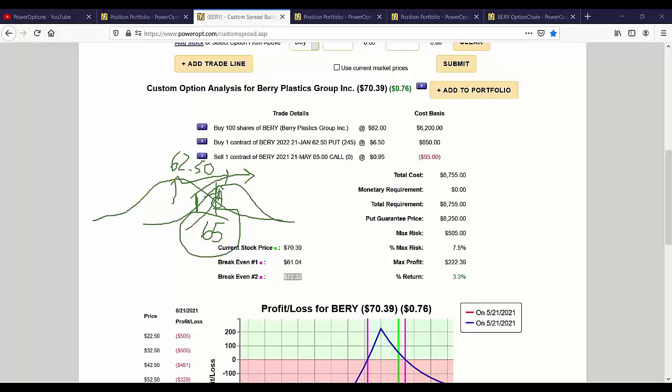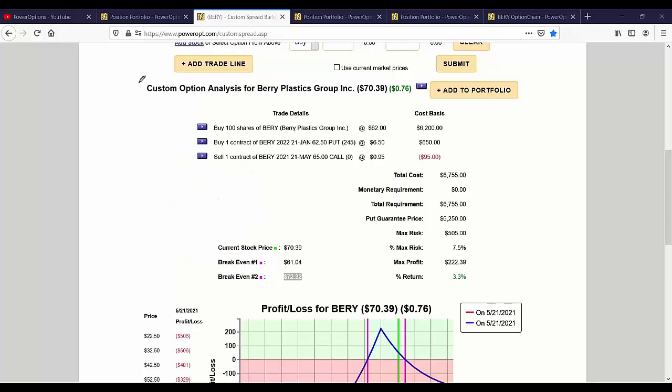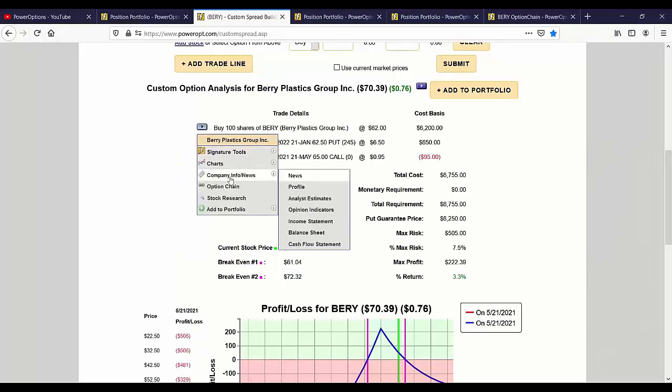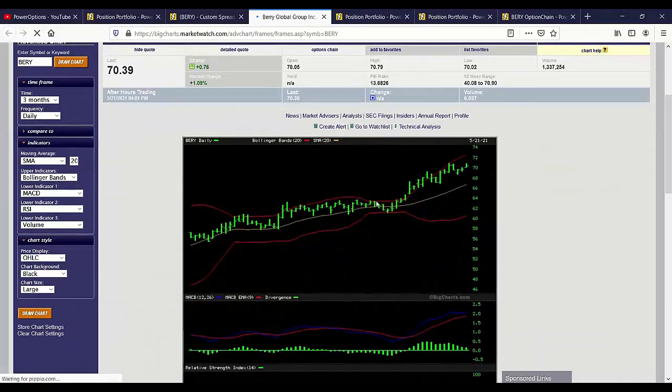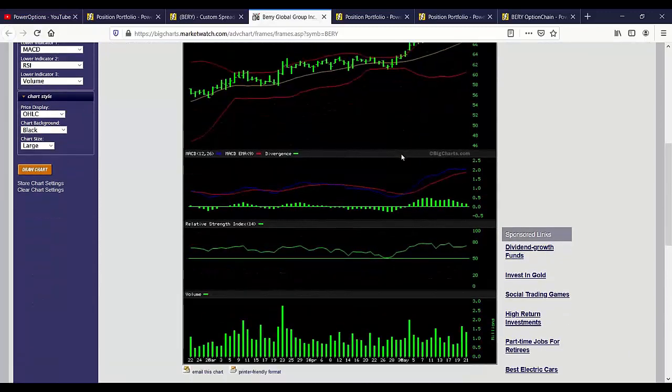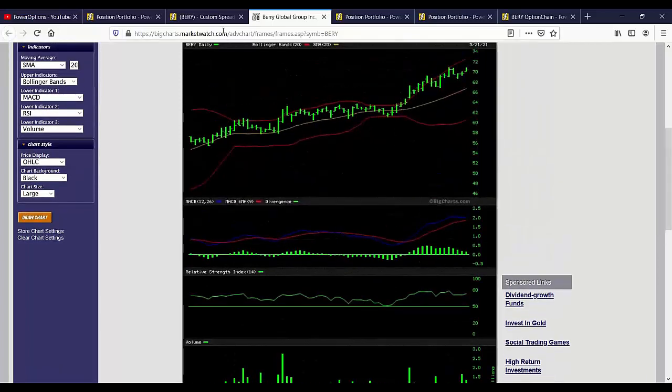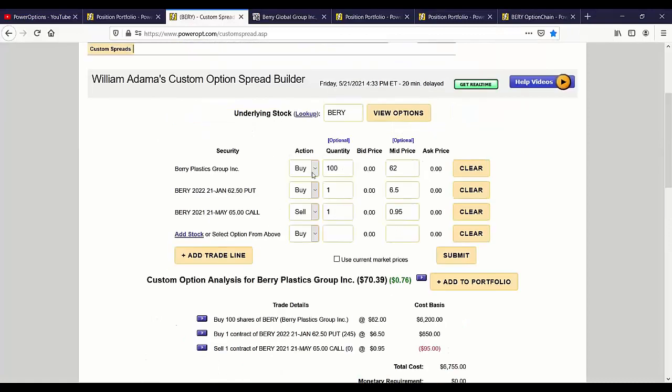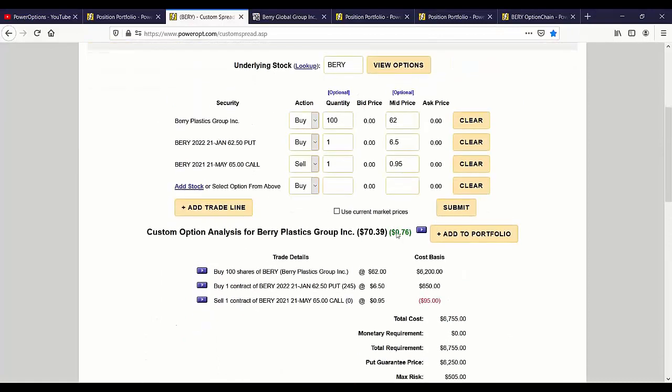Does that happen? Well, let's take a look again very quickly. I'm going to try to find a date. I think it was right around the 2nd or 3rd. Oh, I want to go to stock charts. Okay, so it was right around, there's that big gap, but even right before then, we're right around May 1st. May 2nd, when the stock went BERY, started to reach $65. So let's go to the research tool very quickly.